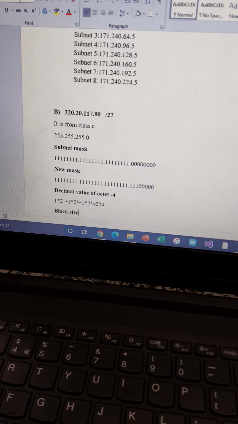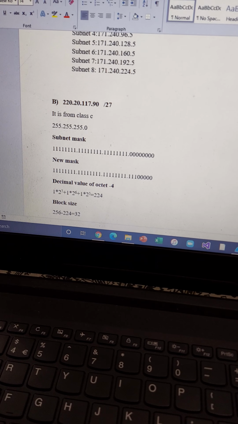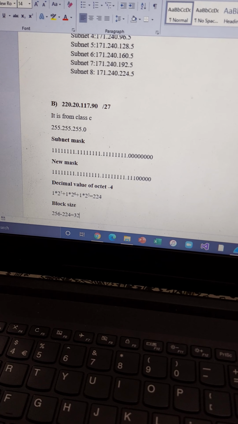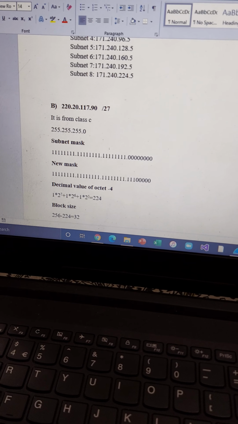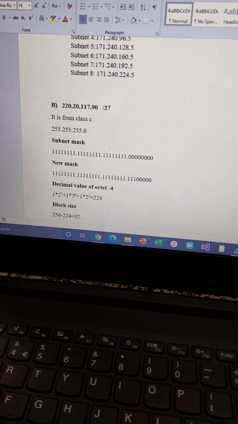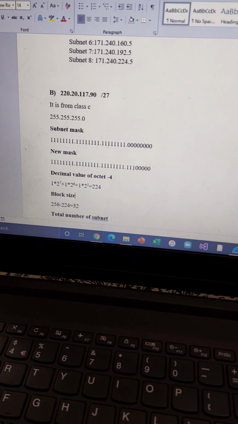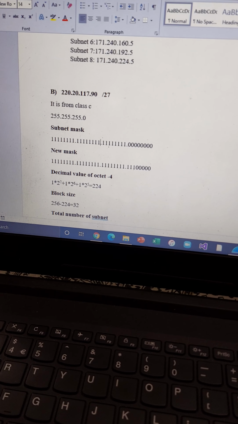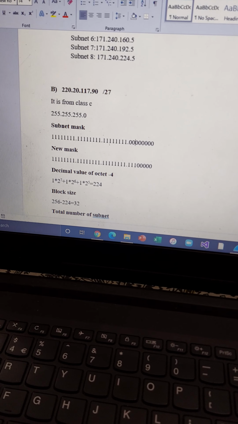Now sir, in the second one, as it is from class C, here we will write 255.255.255. And in the subnet mask we will write 8 ones in the first octet, 8 ones in the second octet, and 8 ones in the third octet, and so on.